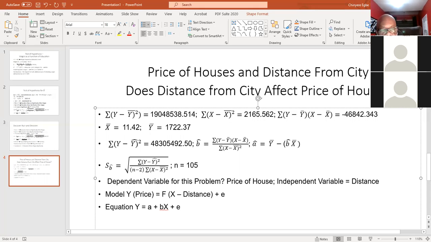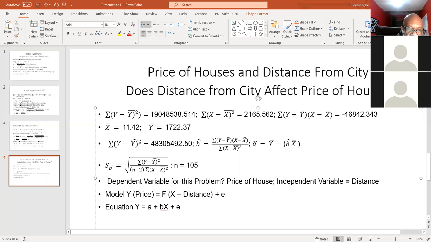But the further you go from the city by 1 mile, does the price of the house change? The question is, is B a positive number or a negative number?